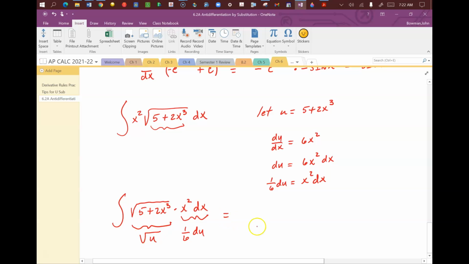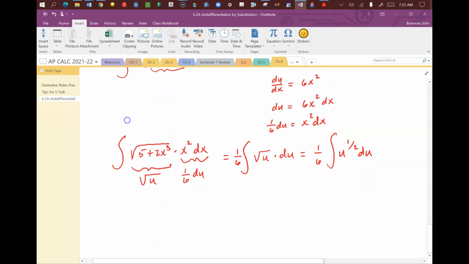So my integral becomes the integral of the square root of u times 1/6 du. I'm going to take the 1/6 and put it outside, which I would then rewrite as 1/6 times the integral of u to the 1/2 du, and that is easier to find the antiderivative of.